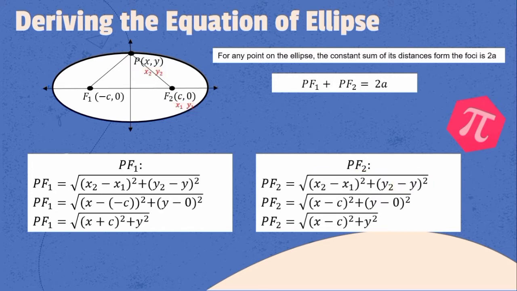Substituting the values, our x sub 2 is x, our x sub 1 is c, our y sub 2 is y, and our y sub 1 is 0. Therefore, line segment PF sub 2 is equal to the square root of quantity x minus c squared plus y squared. Since we already have our distances, we can now proceed on deriving our equation using this formula.